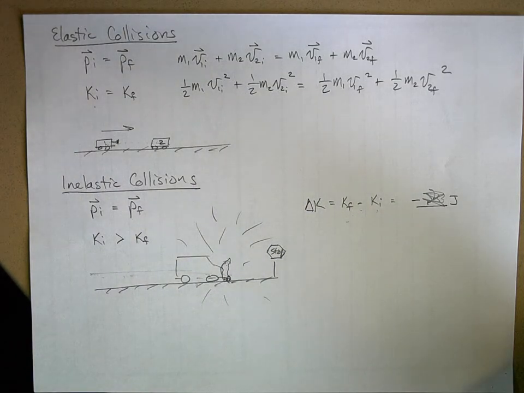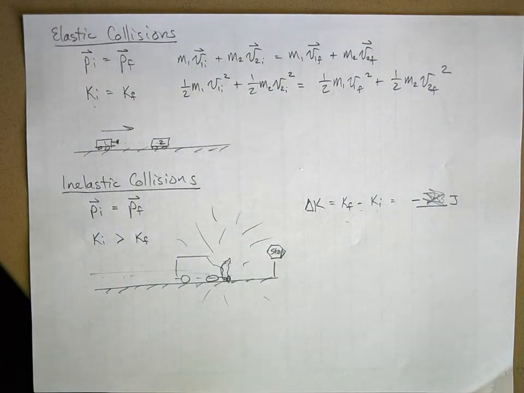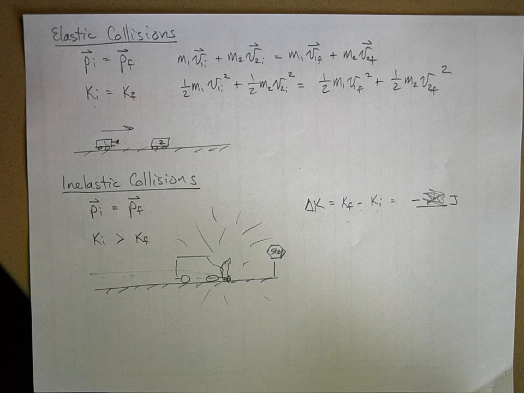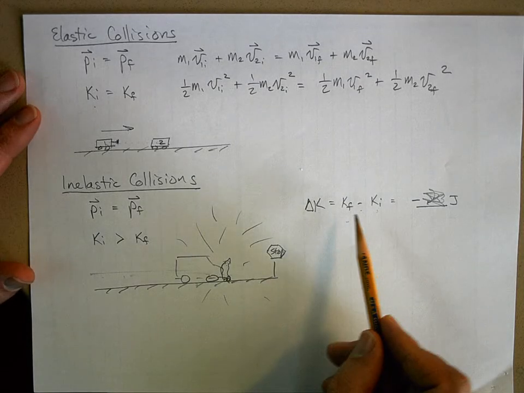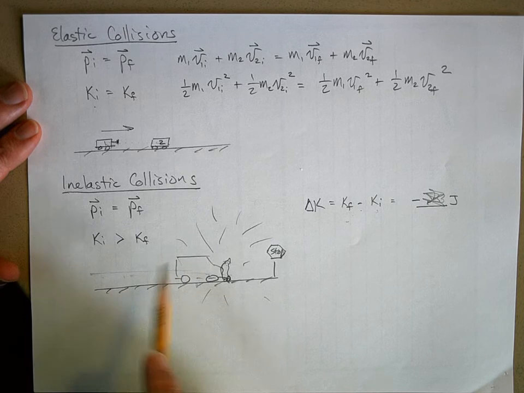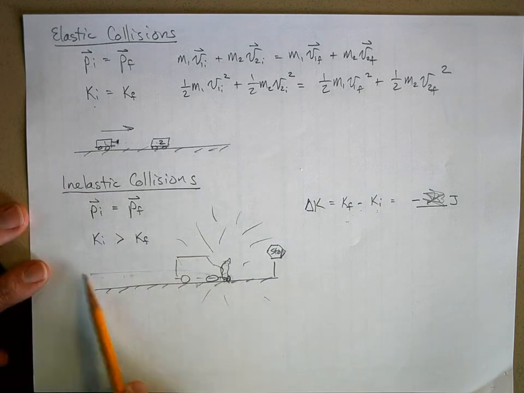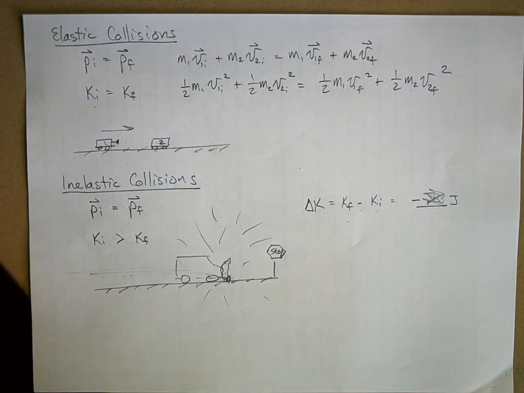Now, that energy was not lost to the universe. It's still in the universe. Energy cannot be created or destroyed in any closed system. But you're changing where that energy exists in the universe. Look, before the collision, look at these two cars. Well, this car was at rest, but this van was moving. Nice, organized kinetic energy.